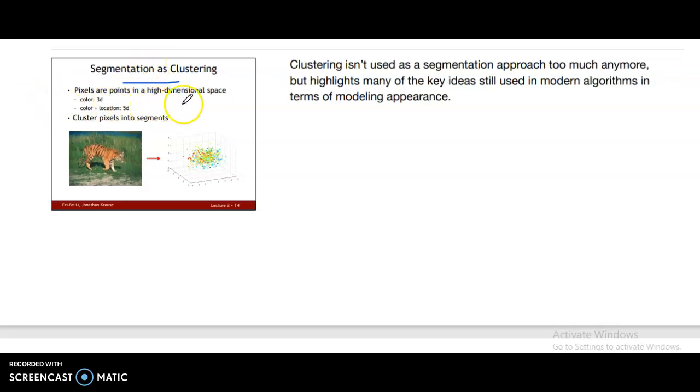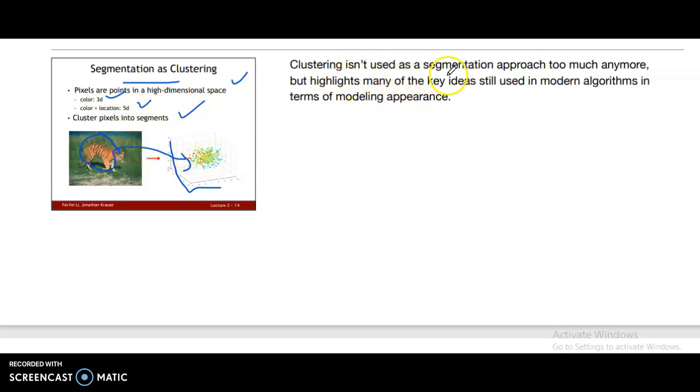Pixels are points in a high dimensional space. Color is 3D, color plus location is 5D. Cluster pixels into segments.